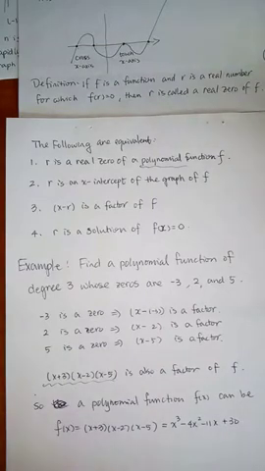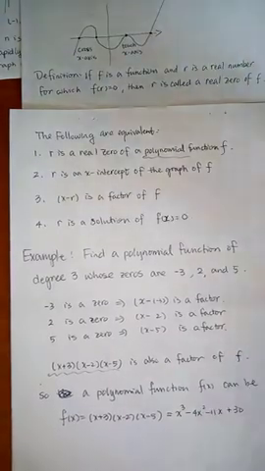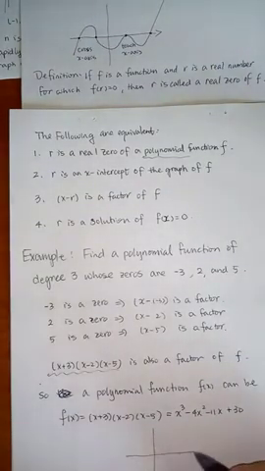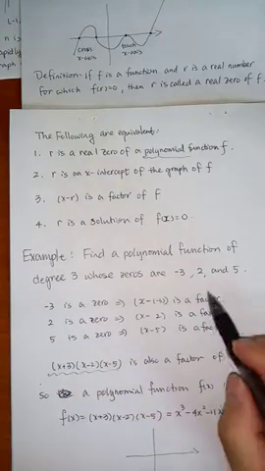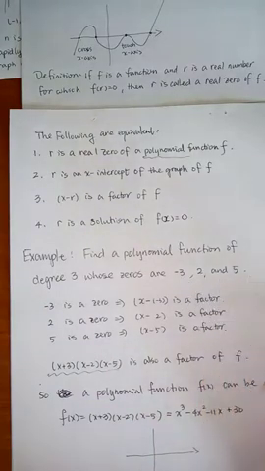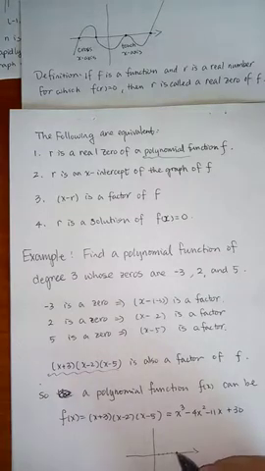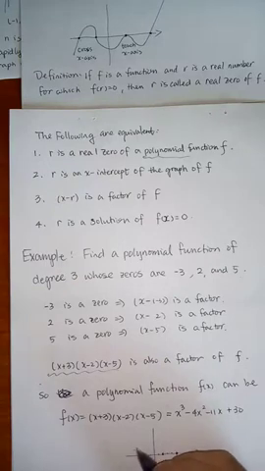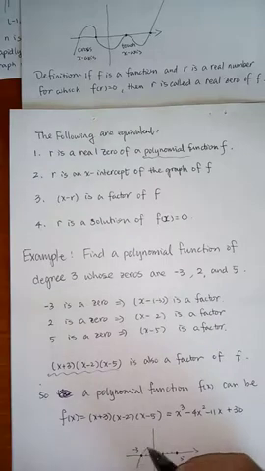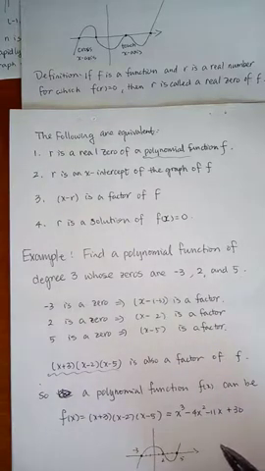And if you want to see the graph, you can just use a calculator. The graph has zeros -3, 2, and 5, so the x-intercepts are -3, 2, and 5. Using a calculator, you see that it looks like this. This graph is from the calculator.